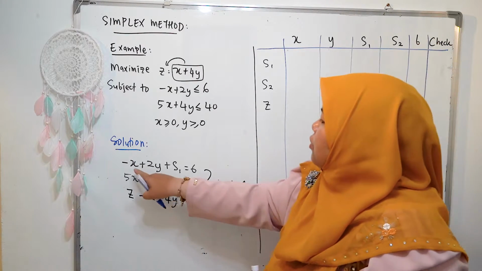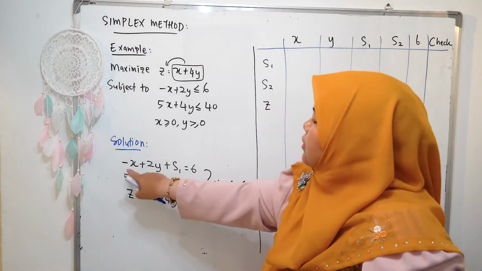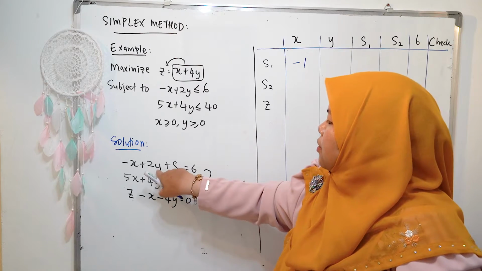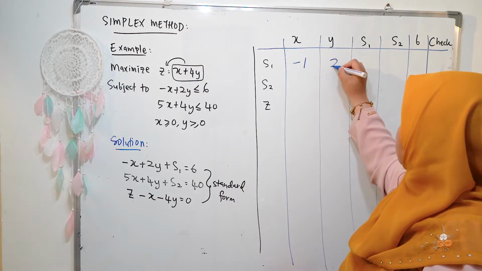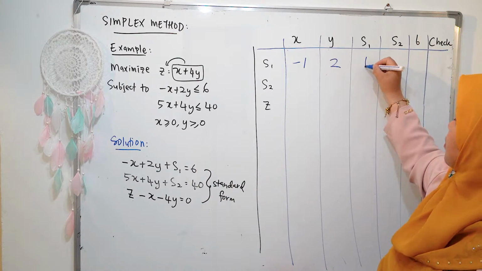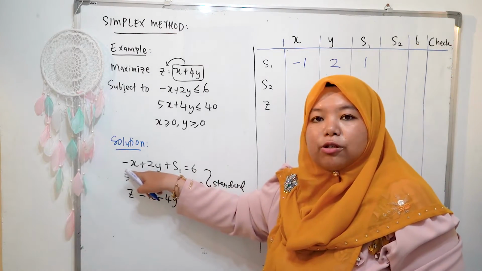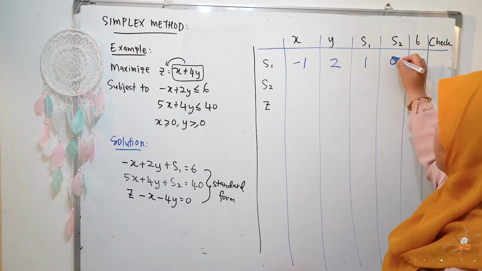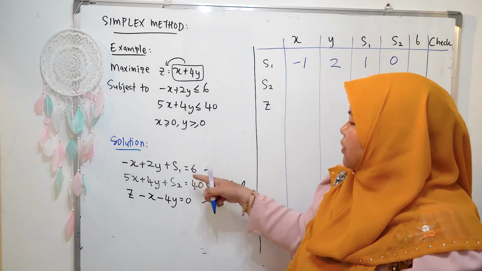I start with the first constraint. For x, negative 1; y, 2; s1, 1. Is there any s2 here? No, right? So 0. For b is 6.